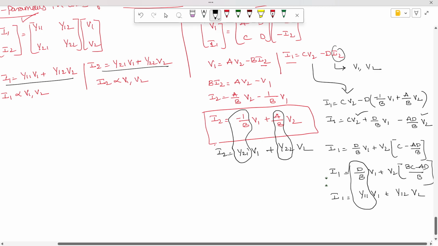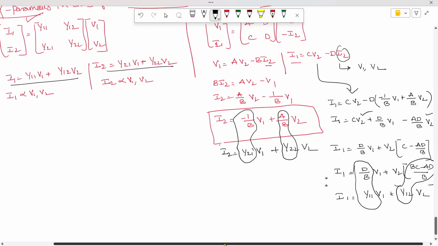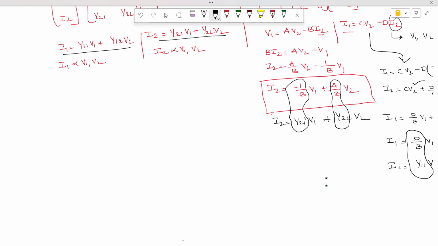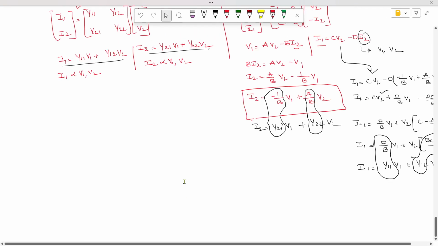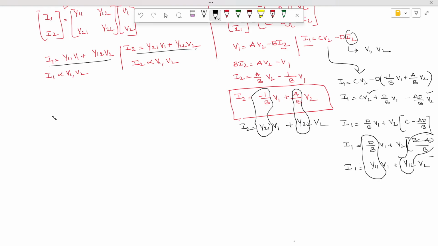Therefore, Y11 is equal to D by B. So the expressions we are going to get when you compare with the standard values: Y11 is equal to D by B, Y12 is equal to B C minus A D divided by B, as well as Y21 is equal to minus 1 by B, Y22 is equal to A by B.